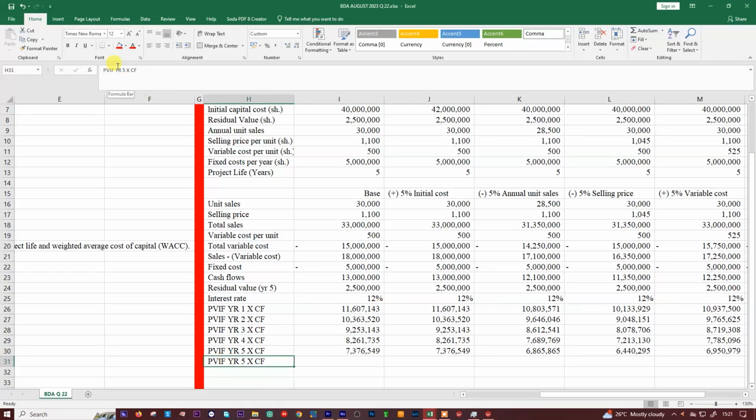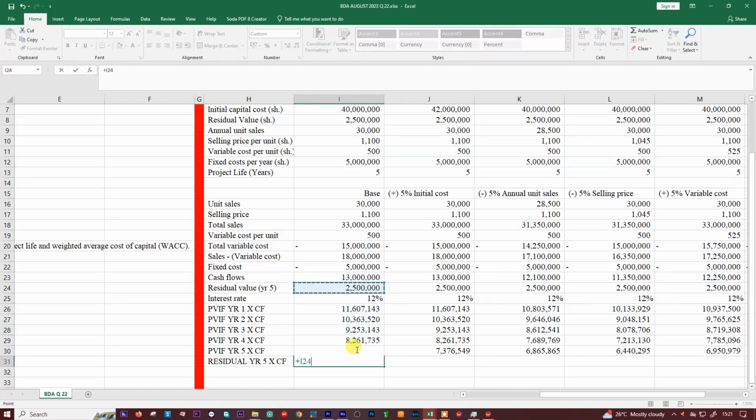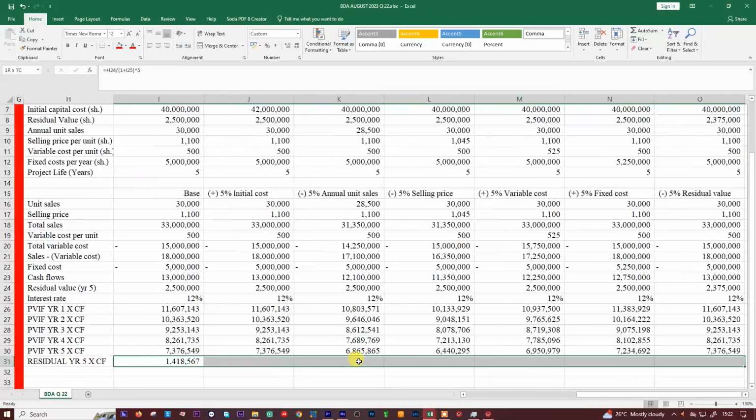I should change this, enter, just to do that. And we're saying that the residual value was what value? Residual value was that one over 1 plus that value power 5. Please note it's power 5 because there's a cash inflow that is coming in at the end of period 5. Just to confirm that it's okay. Yes, that's okay.